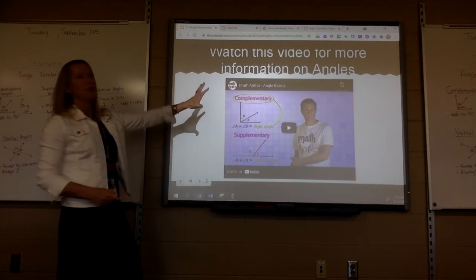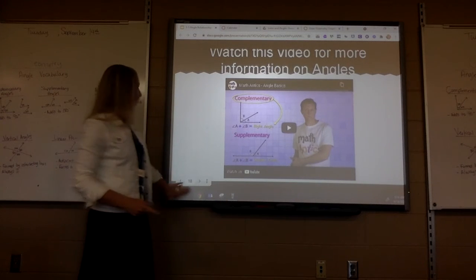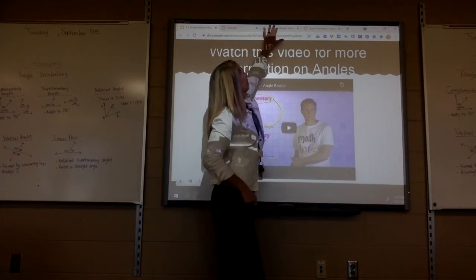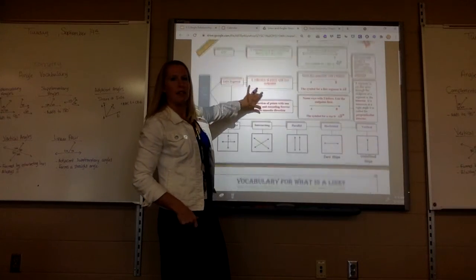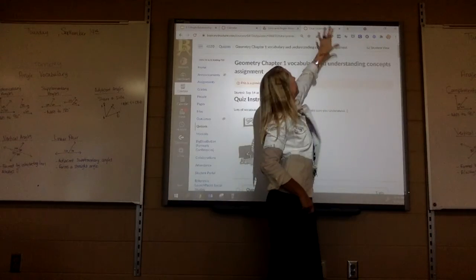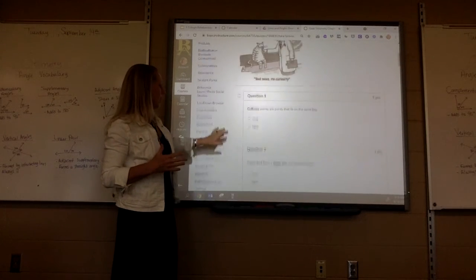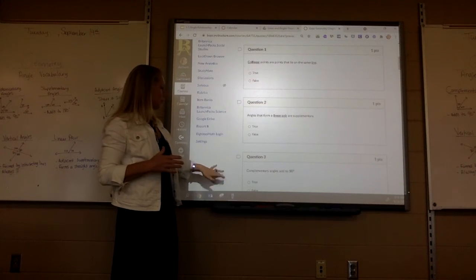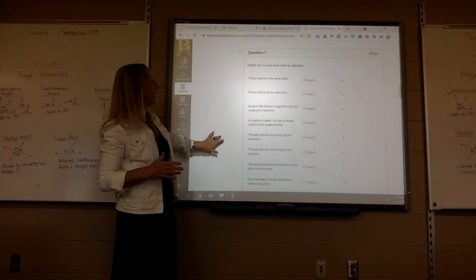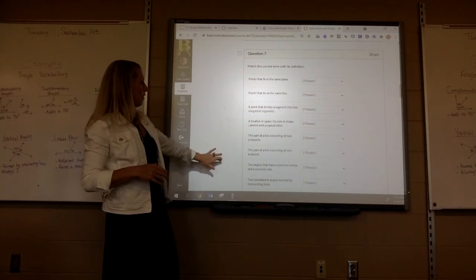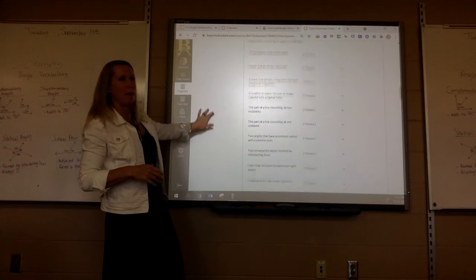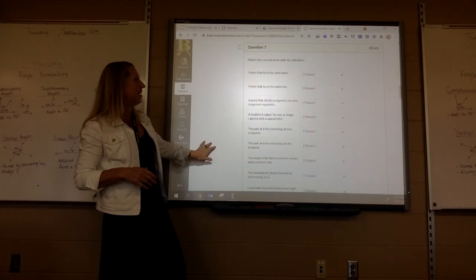Okay, so there is a little video if you're still struggling and you want to watch. Okay. So you guys do have this pulled up too, right? Yep. Okay, so on your assignment, what I probably would do if I were you is I would do all the actual problems first and then come back to number 7 and do it last. So 7 is a lot of vocab.